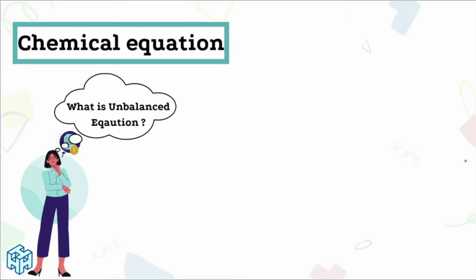Now in chemical equations there are two forms. One is balanced, one is unbalanced. Sir, what is balanced? What is unbalanced? Let us not get confused. In a chemical equation there are two types: one is unbalanced, one is balanced.